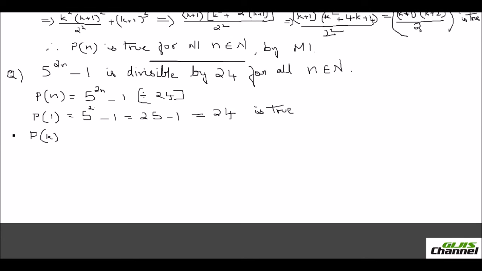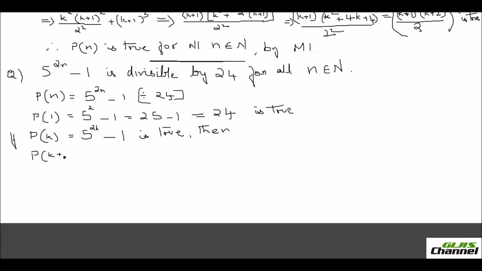Next we take P(k). We assume that P(k), 5 raised to 2k minus 1, is true, then we'll come to that later. We need to prove P(k+1) now, right?